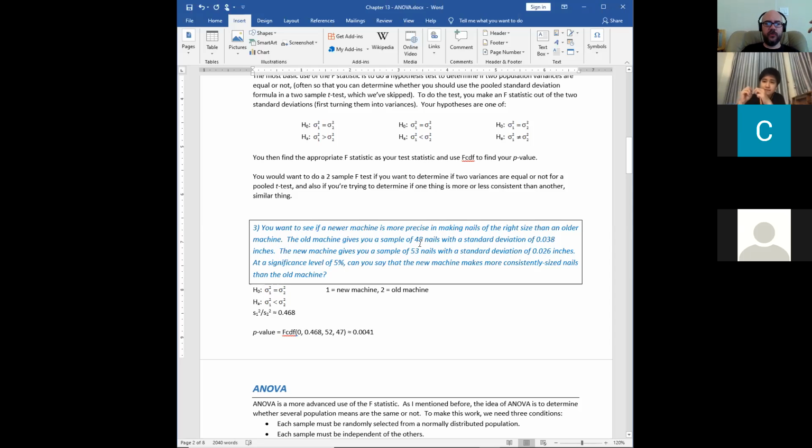So we make our F ratio for all the possible ratios of variances we could get, given that sigma 1 squared and sigma 2 squared are the same. If they are not, which is what we conclude here since the p-value is so small, then that's our conclusion.